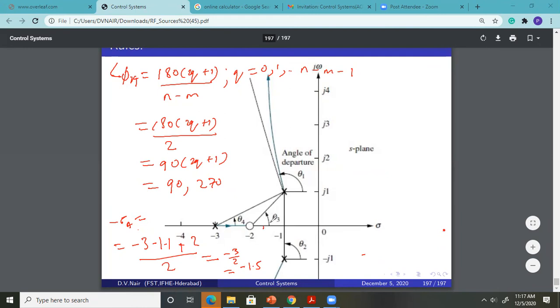So you have this. What are the angles of asymptotes? One is 90 degrees, another is 90 degrees, and another is 270 degrees, this is 270 degrees, right?